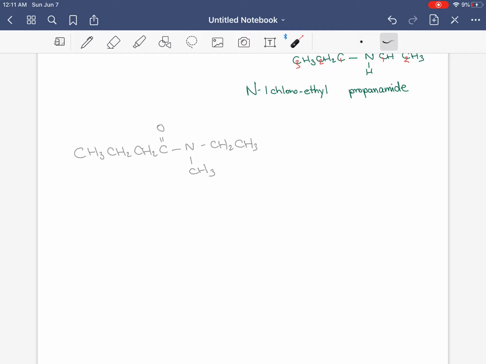Now, again, the naming is very simple. You name the amine portion first. This is a secondary amine. If you were to name the secondary amine, you would have said ethylmethylamine. But you can't really just say that in an amide situation. So you will say N-ethyl, meaning that the nitrogen is connected to an ethyl, dash, and the other N is connected to a methyl.